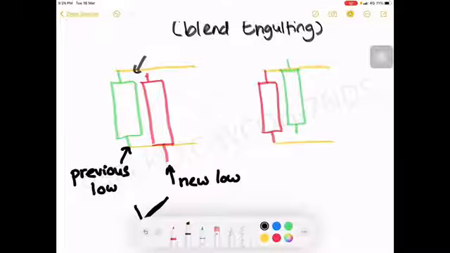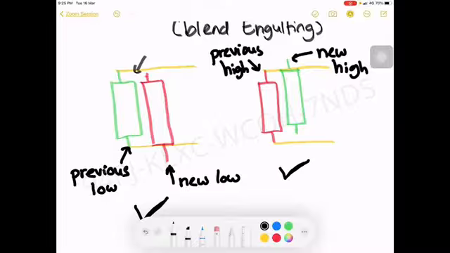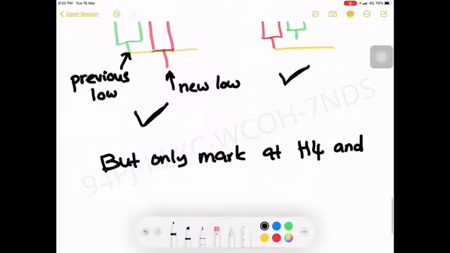So if you have this one, it's also an engulfing because previous high, new high, at H4.